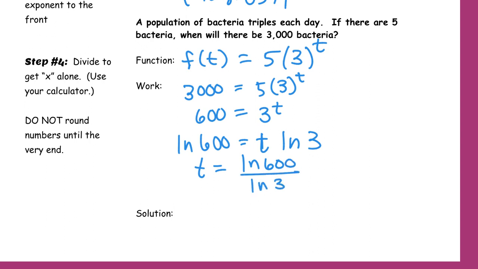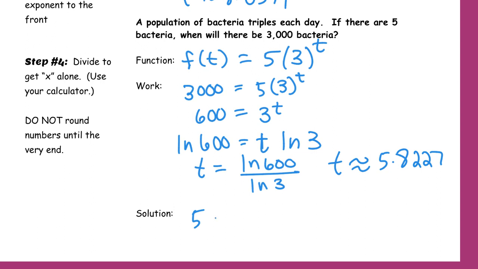Be careful, this does not equal ln 200. Now we plug it into our handy dandy calculator to find our approximate answer. Okay. So that would be 5 days, correct?